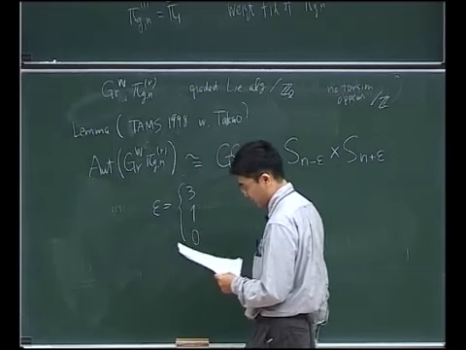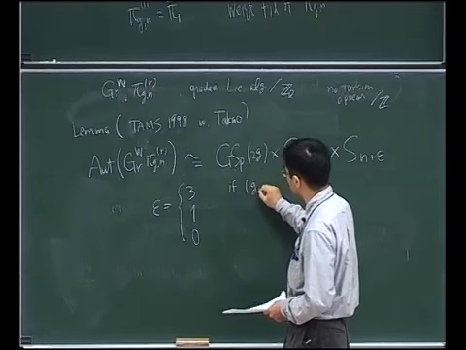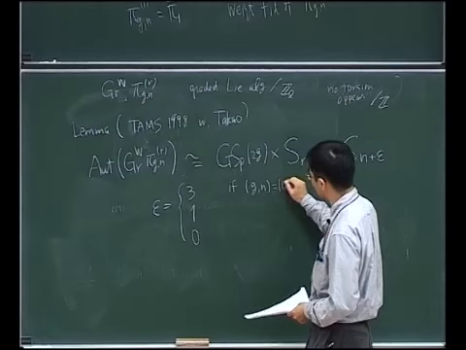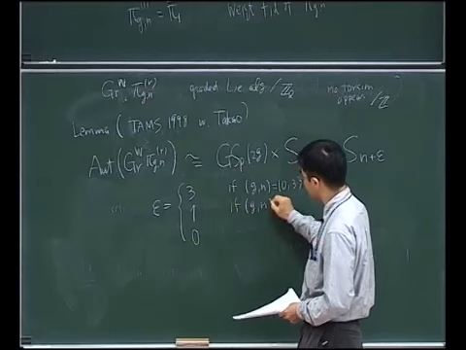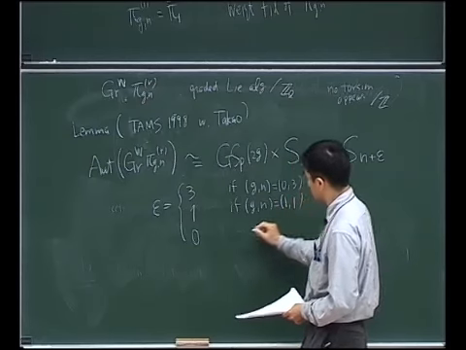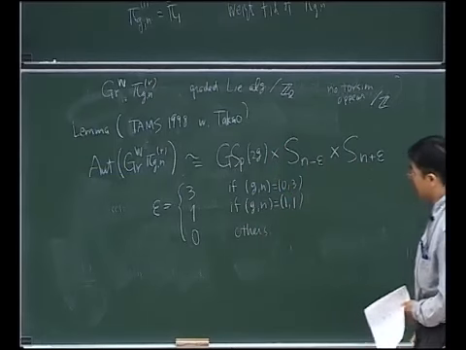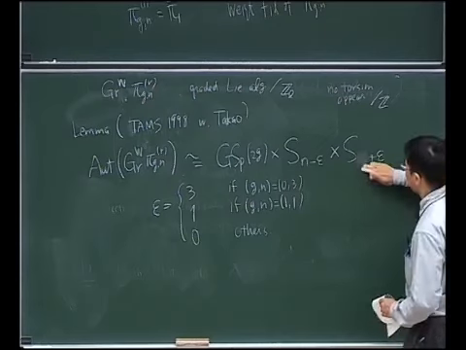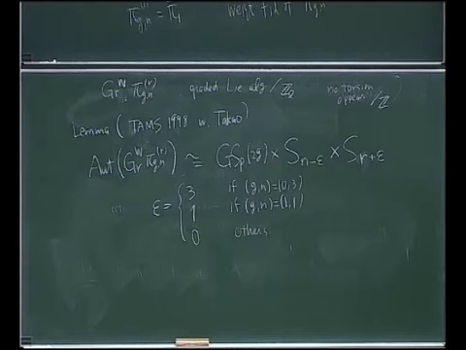So this epsilon somehow varies if Gn equals 0.3 or if Gn equals 1.1 or other.